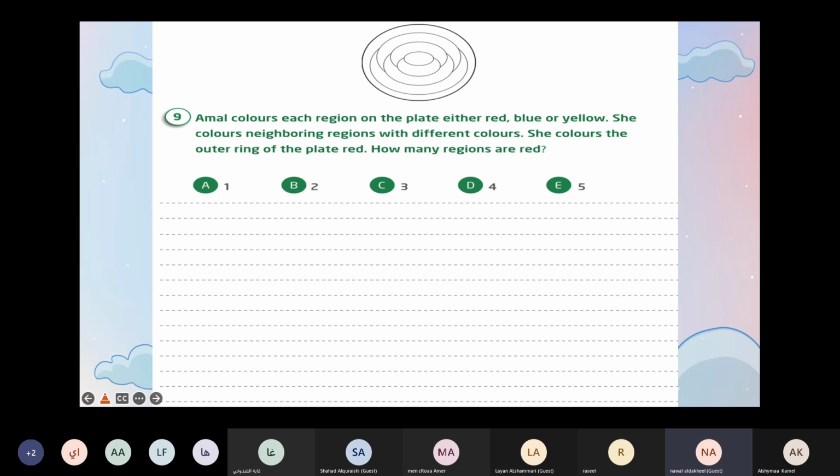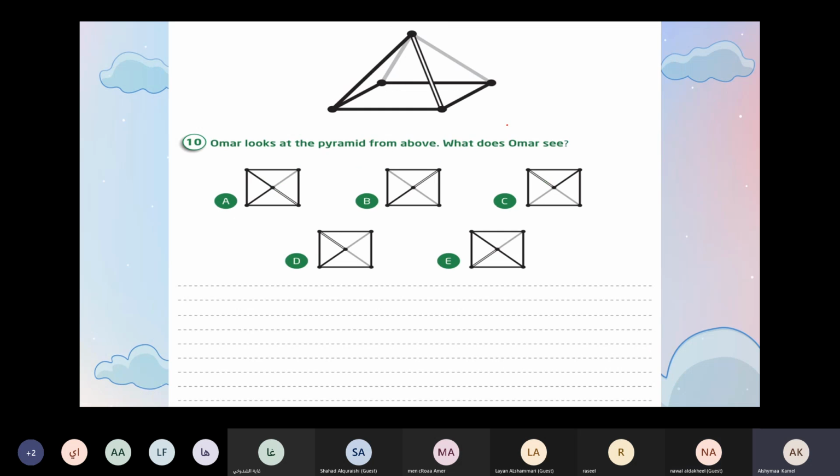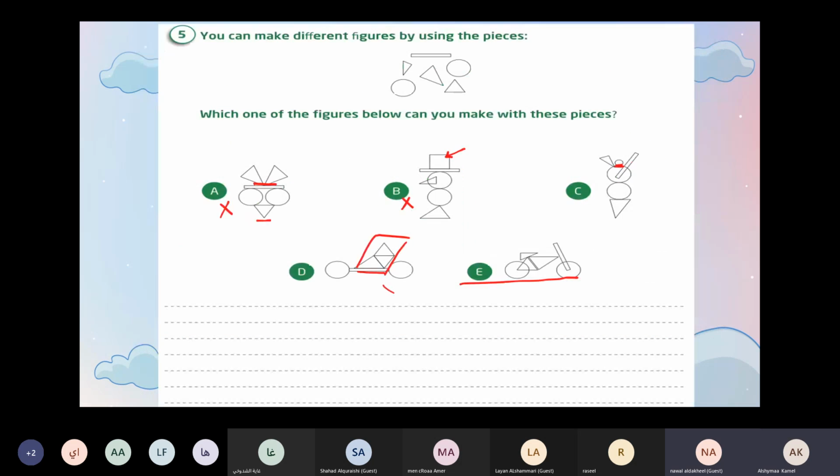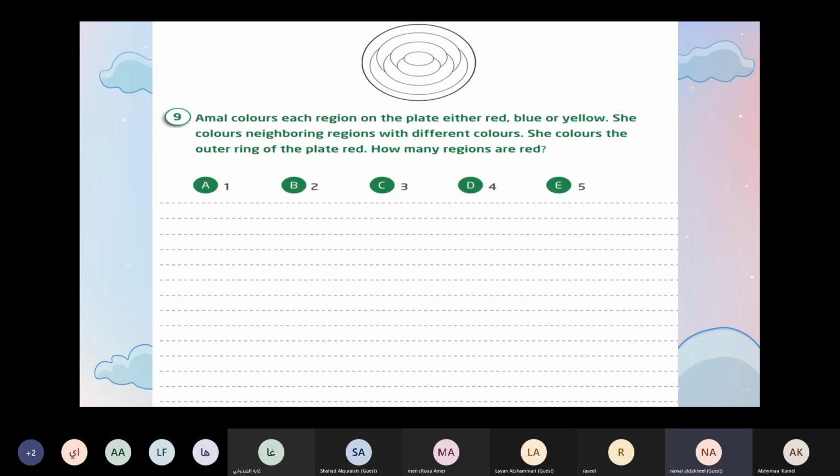She colors the outer ring of the plate red. How many regions are red? What do you think? Wait a second. So, how many colors do we have? We have red, blue, and yellow. 3 colors. Okay, 3 colors.